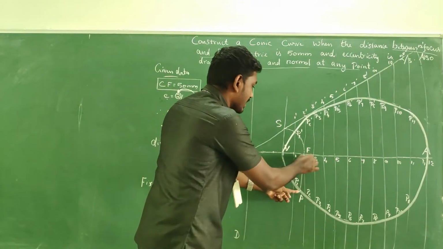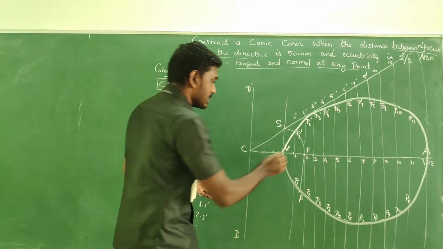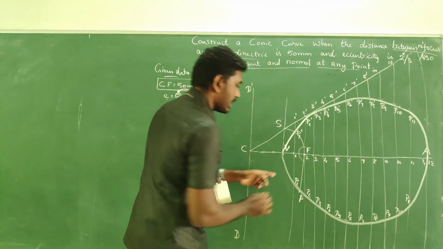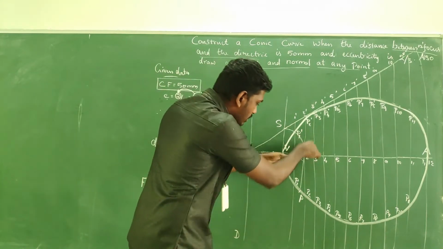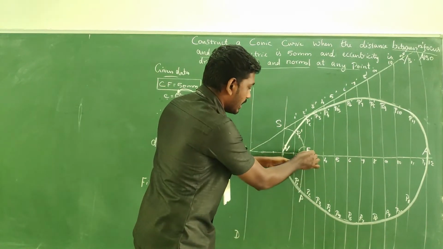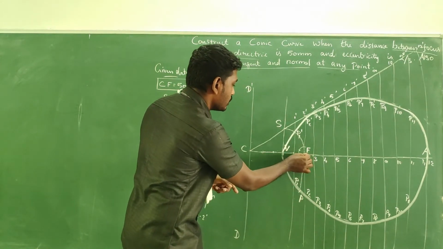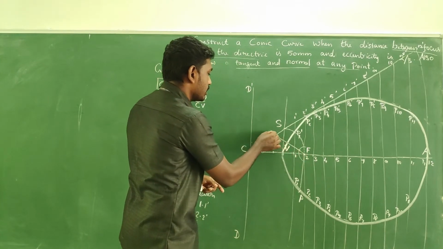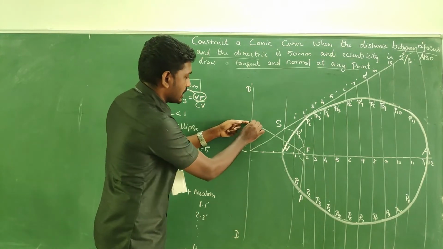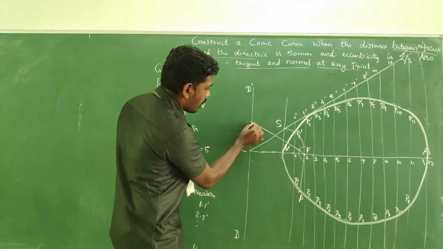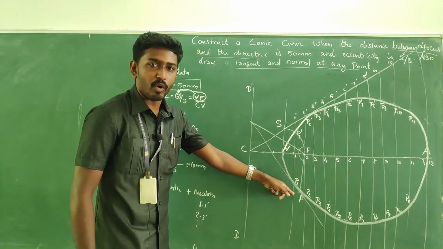Afterwards I have taken the line to the focus, and then take your protractor and keep it like this, and measure 90 degrees. You place the protractor on the line PF with F as the center, measure 90 degrees, and direct a line to the directrix D dash and D. It cuts here.